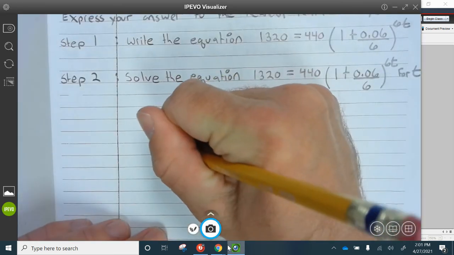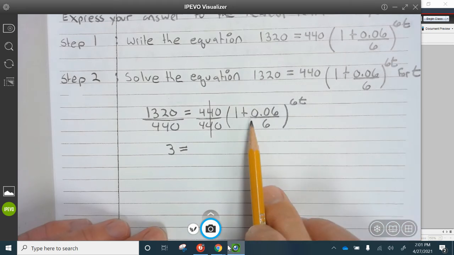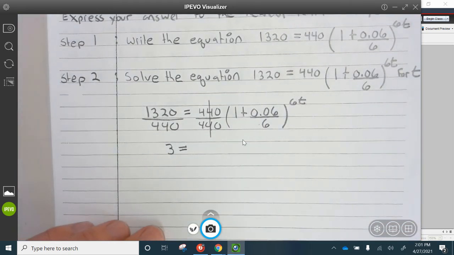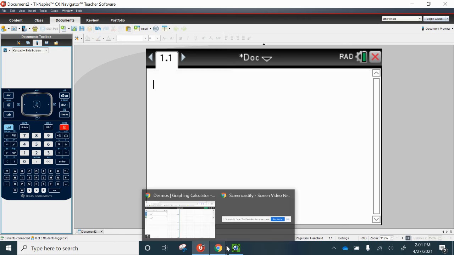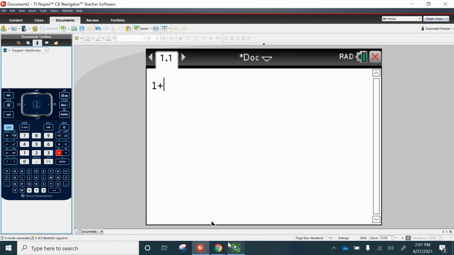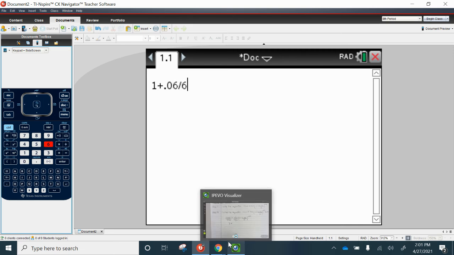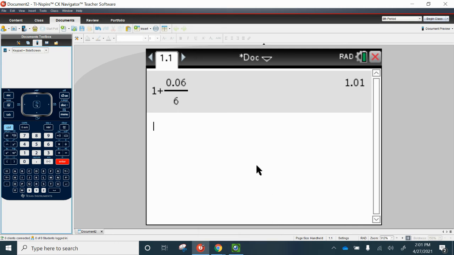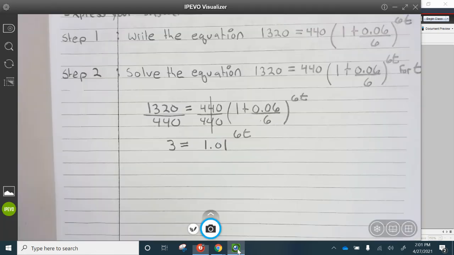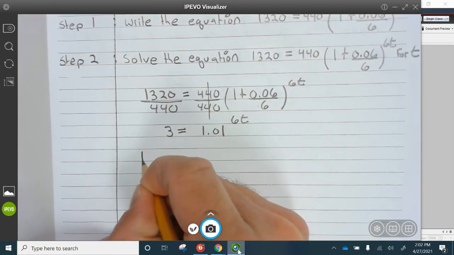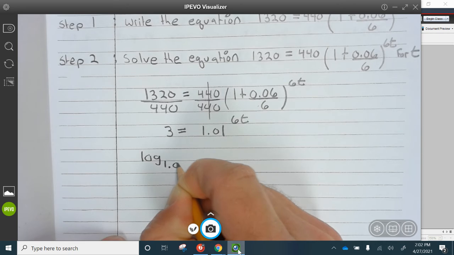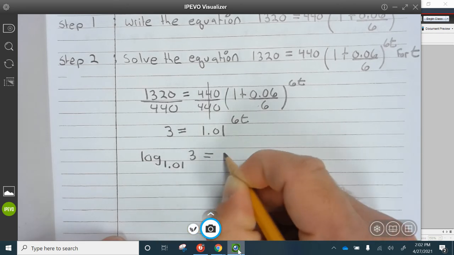Okay, so then 3 equals, let's go ahead and get this as one number. So we're going to do 1 plus 0.06 divided by 6, which is 1.01, raised to the 6t. All right, so now we need to take the log base 1.01 of both sides.